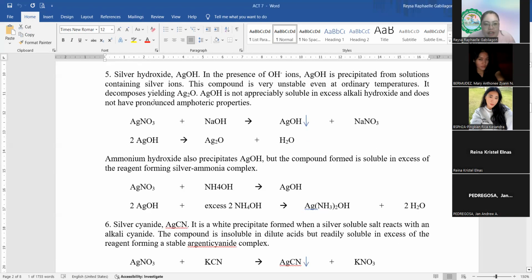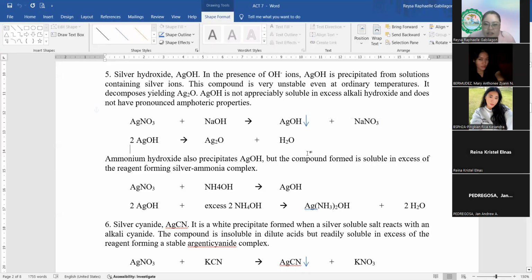Okay? And then we have here silver hydroxide. If you please look at your table, I hope you are looking at your table now. This is the test solution plus the ammonium hydroxide and then in 2-4, the test solution plus sodium hydroxide. The silver nitrate we used in the experiment, when you react it with sodium hydroxide, will form a precipitate. And the precipitate, marked with the down arrow, is actually the silver hydroxide. Okay?